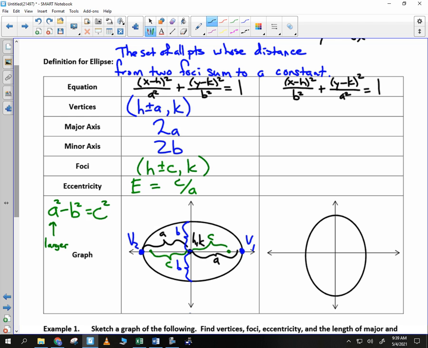So you can see that our center is still (h, k). But what we're going to do is move a units vertically now instead of b units, because a is sitting under the y value.